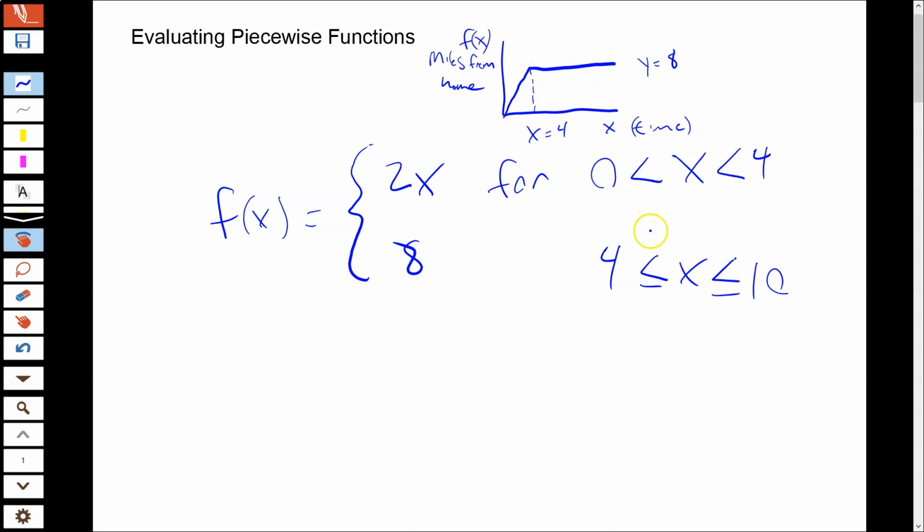So maybe for the next 6 hours, let's say blocks and minutes. My units don't really make sense in terms of realistic problems here. But we can imagine a traveling problem where our speed changes, or we travel a certain distance and then we stop. Obviously, we need two different pieces of a function in order to model a situation like that.